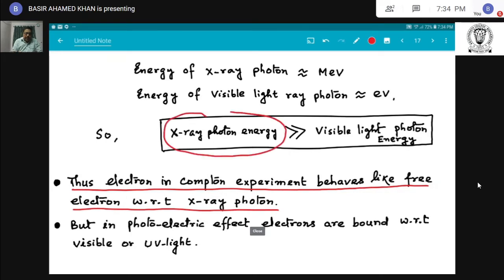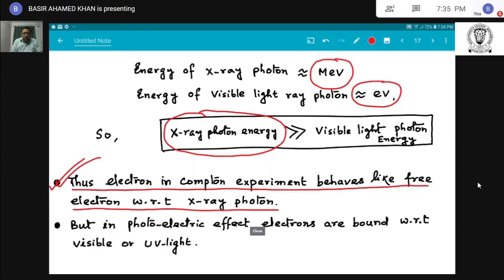I already calculated the X-ray photon energy is much greater than visible light photon energy or ultraviolet photon energy. This is mega electron volt energy of X-ray photon, and energy of visible light photon is of the order of electron volt. So this is an important property, that electron in Compton experiment behaves like free electron with respect to X-ray photon.